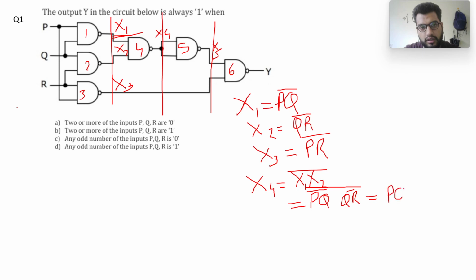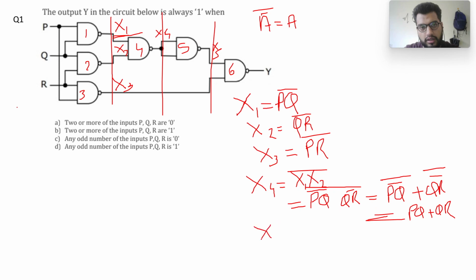So it's ((PQ) complement) whole complement plus ((QR) complement) whole complement. So this is ultimately equal to PQ plus QR, because (A complement) whole complement is A. These were the points I was trying to mention: we'll recap some of the important points, like De Morgan's law and this property.